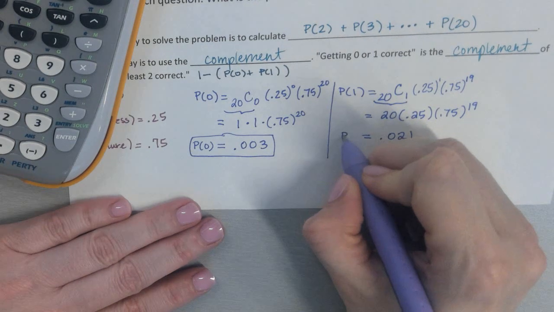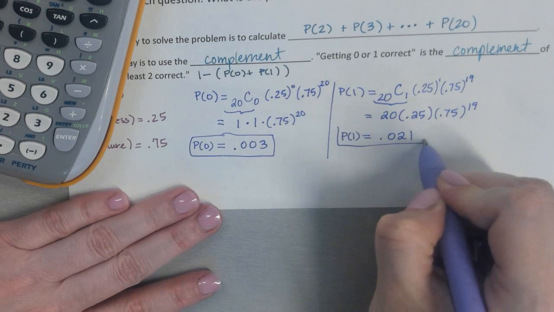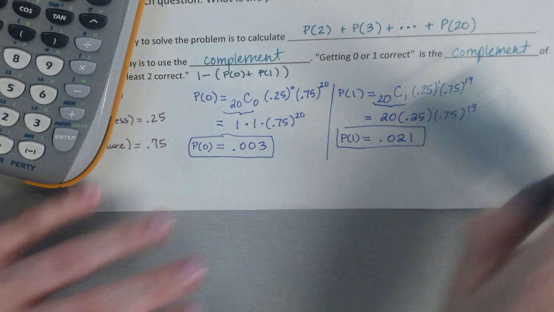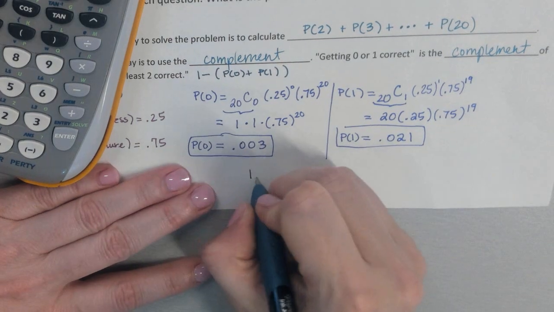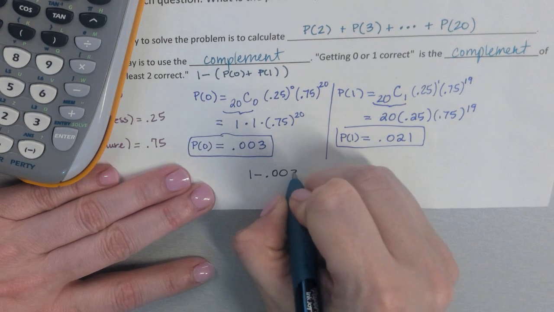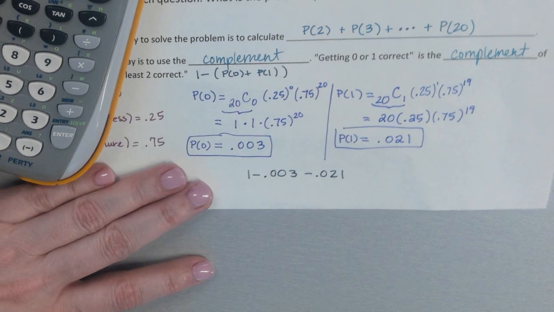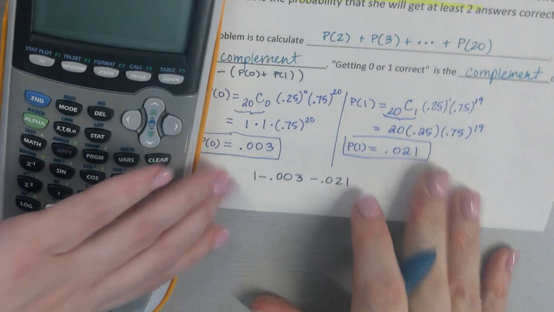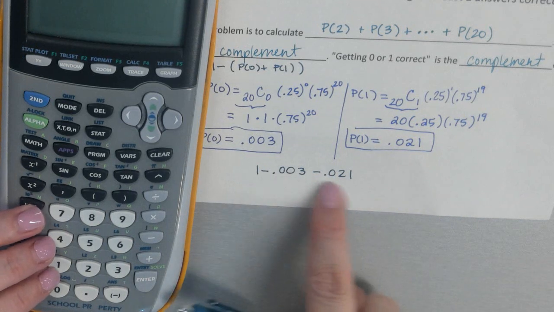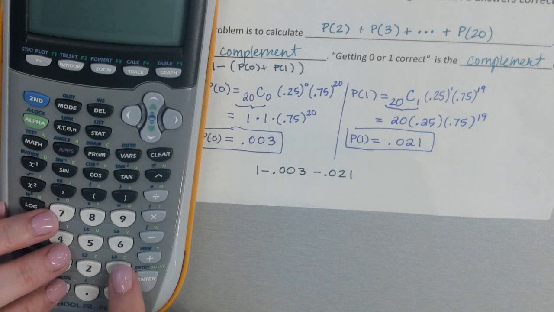Now, there are two ways you can do this. You can add them together and subtract from 1, or you can just do 1 minus 0.003 minus 0.021. And I'm letting you round to the thousandth here.